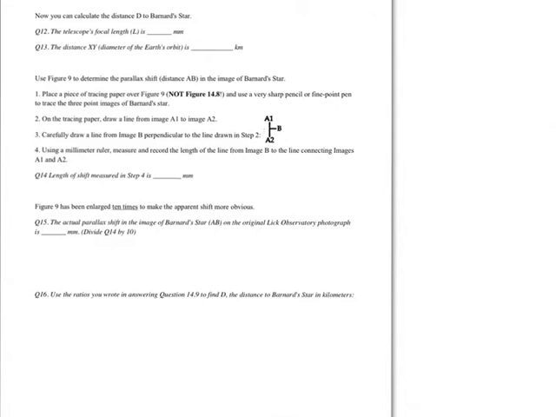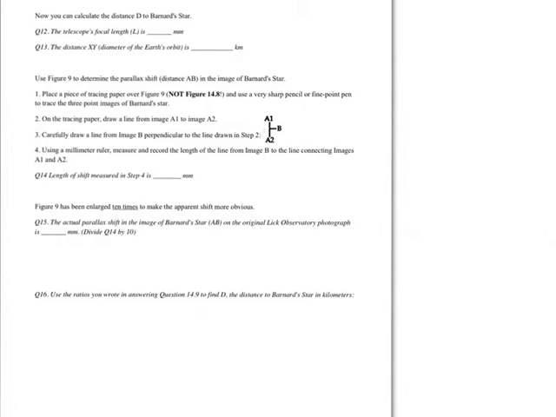Now, we're going to use our figure. It says step by step how to do what I just said, how to trace where the stars are, and then on another sheet of paper, draw the lines in, figure out the line A1 to A2 and the perpendicular line to B. Measure the distance from the perpendicular line out to B. That's your parallax measurement.